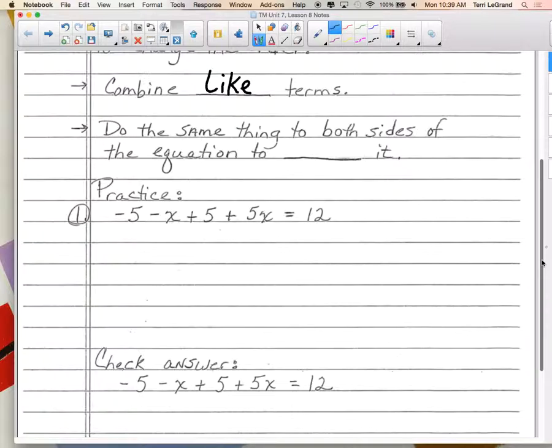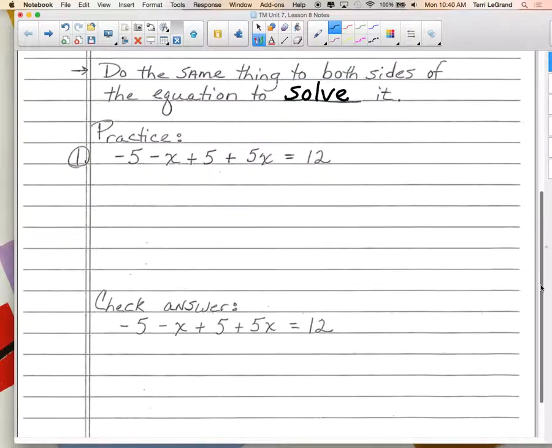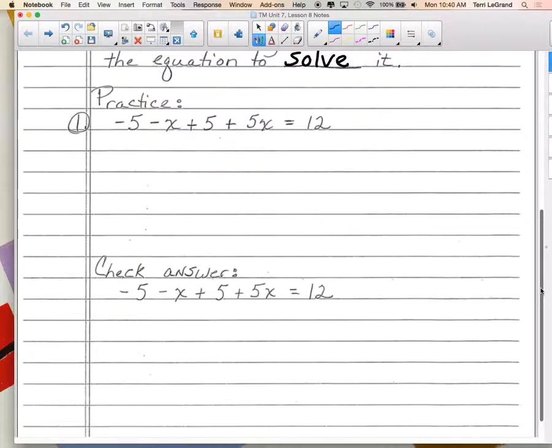So whatever we do on one side, we have to do on the other side. We are going to do the same thing to both sides of the equation to solve it. So those first three things, we're getting the equation ready. Then we're going to actually go to work solving it. And when we're solving, we have to do the same thing on both sides.